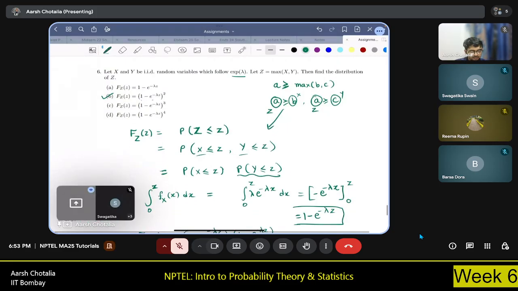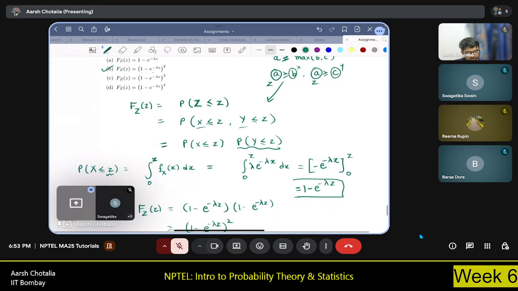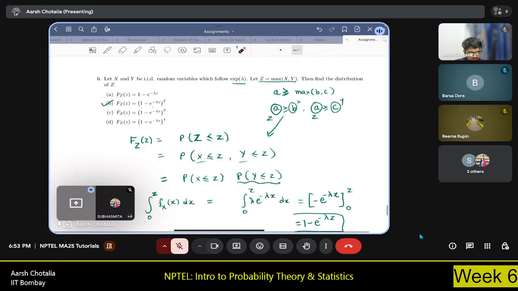Okay. I hope it is clear. Just remember this one thing. Whenever the maximum is asked, you write it in this form: F_Z(z) is the probability that X is less than z and Y is also less than z, and that is just the product of these distribution functions, right?